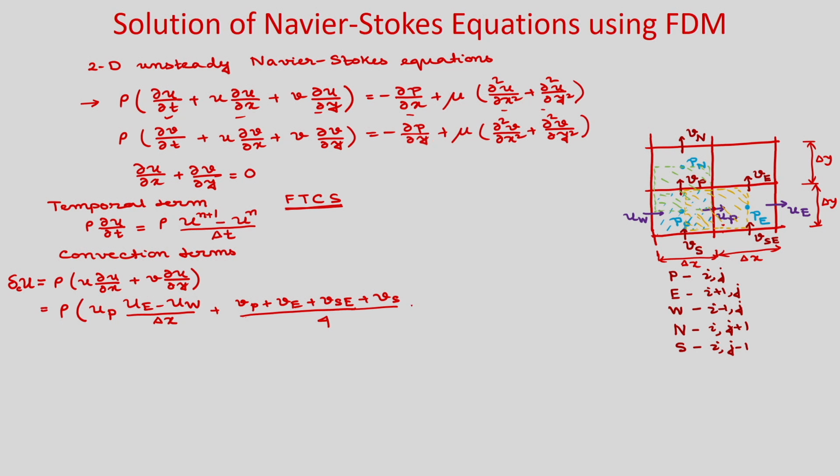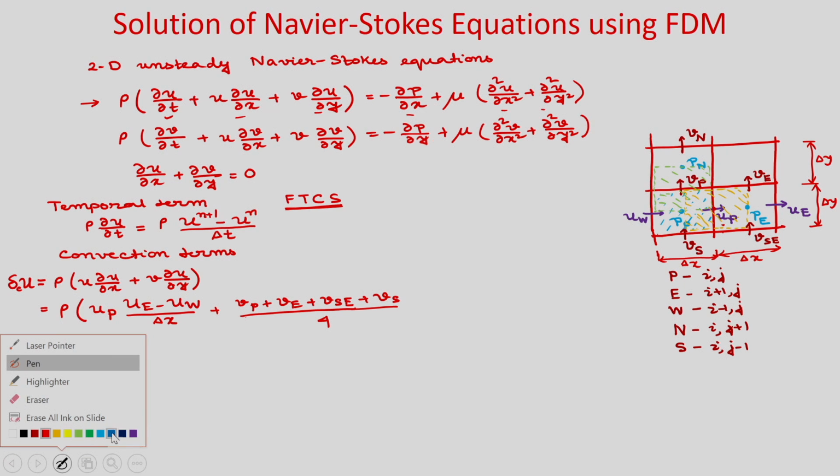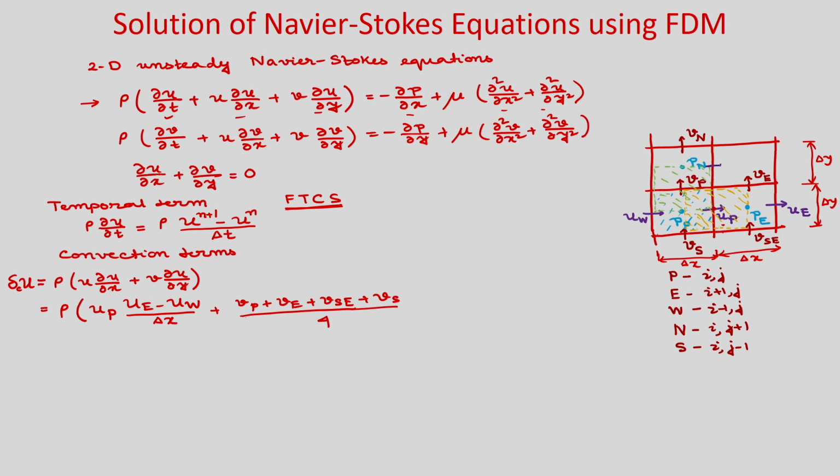And now you have del u by del y. Now del u by del y you can easily find. So, this is your u north, and so you can write del u by del y as u n minus u s divided by 2 delta y. u s will be somewhere here, in another cell if you take.